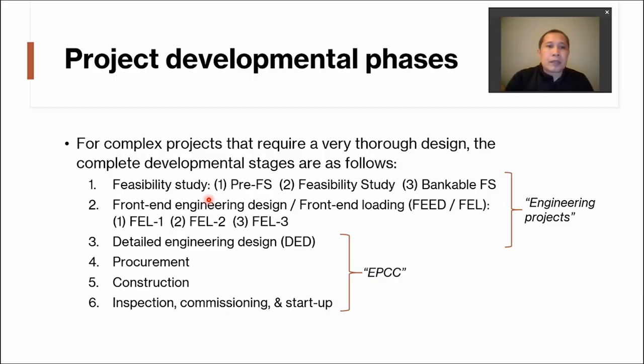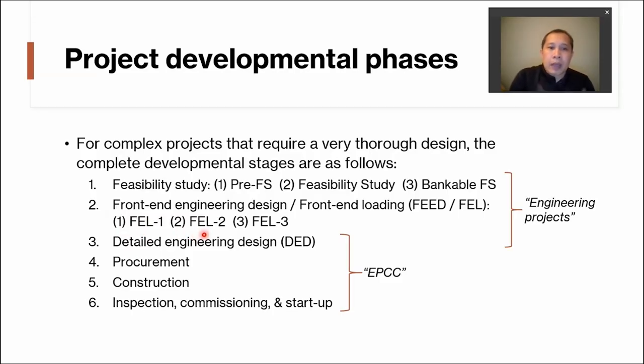Then from the feasibility study stage, we go through front-end engineering design, abbreviated as FEED, F-E-E-D. It's also called front-end loading, or FEL. And FEL is split into 3 different sub-stages: FEL 1, 2, and 3.